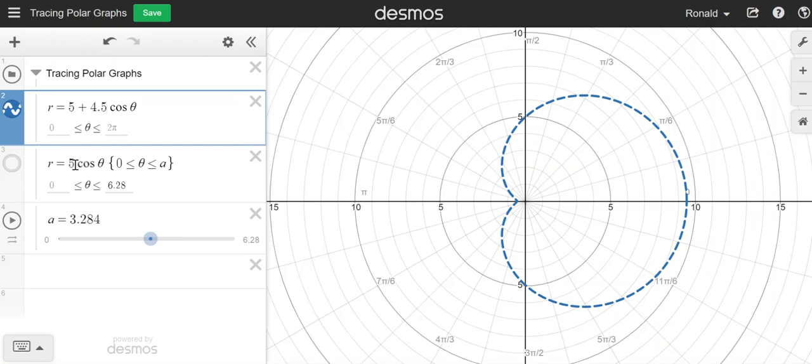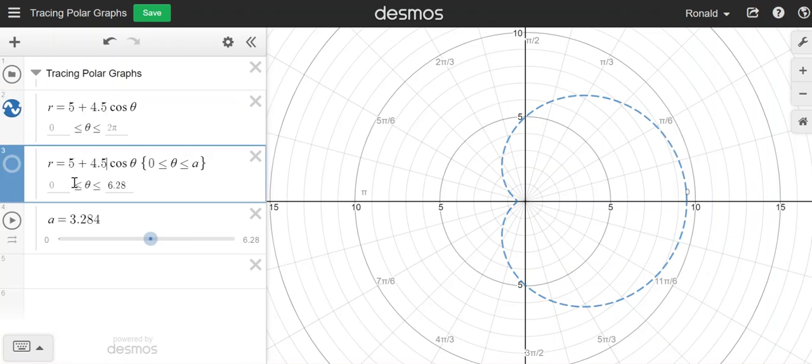And if I was to create that same here, 4.5, we can now trace that out. And we're tracing it out from 0 to 2 pi. So that is a cardioid.